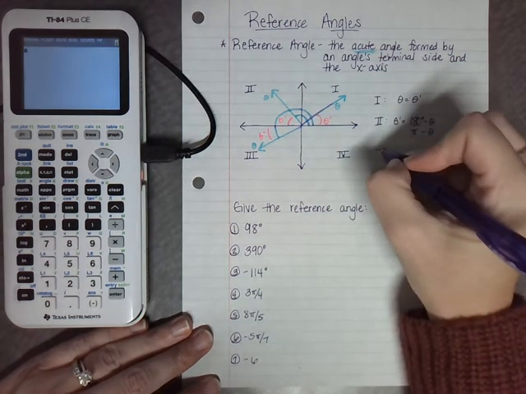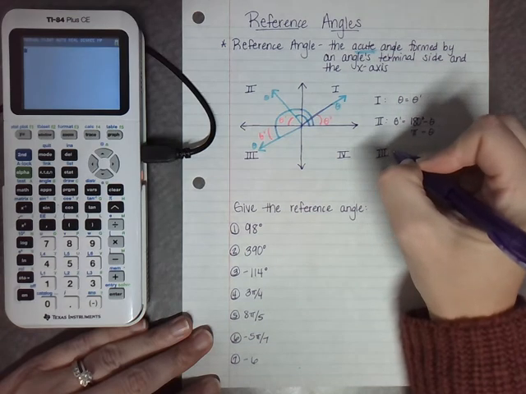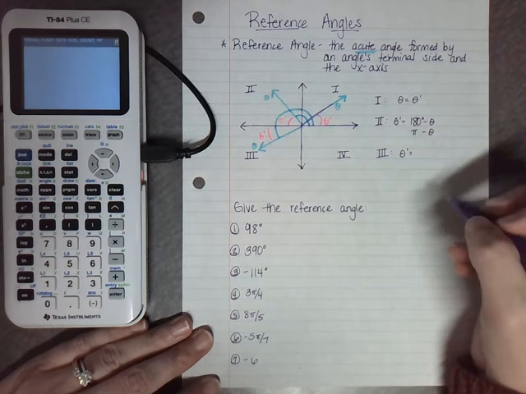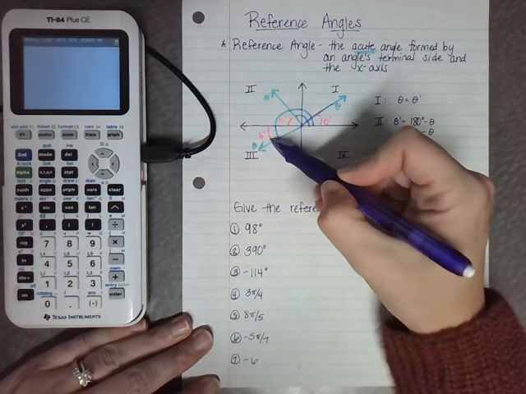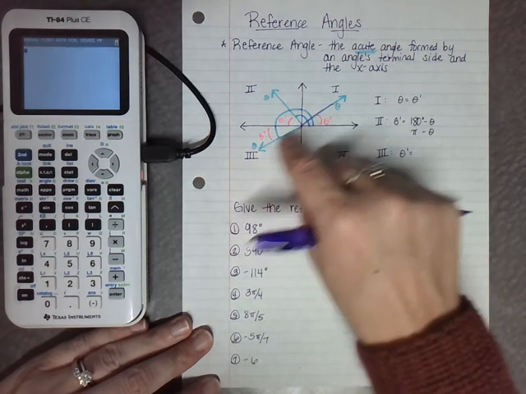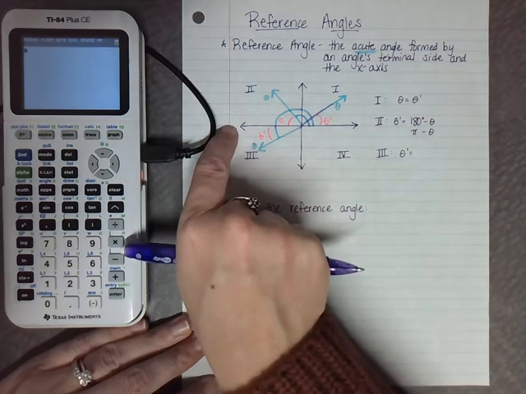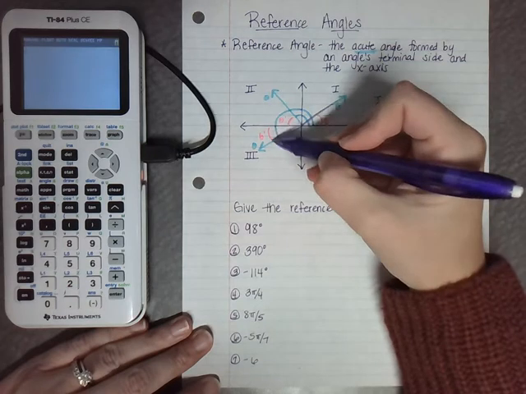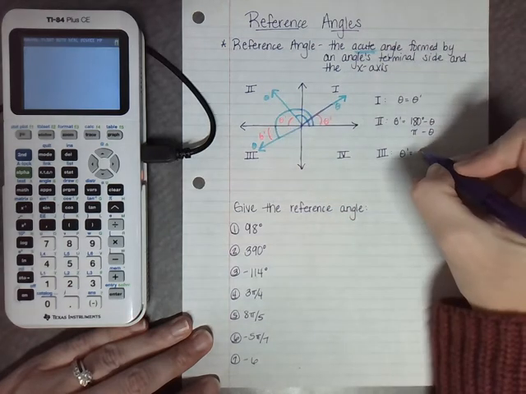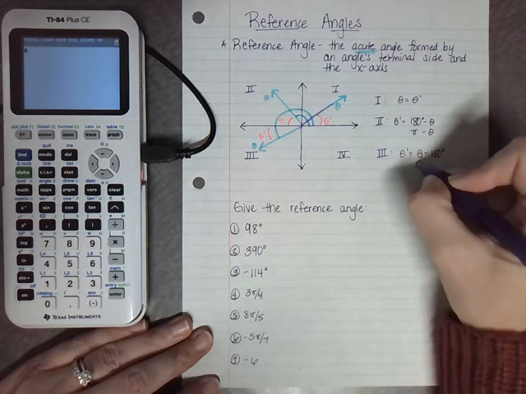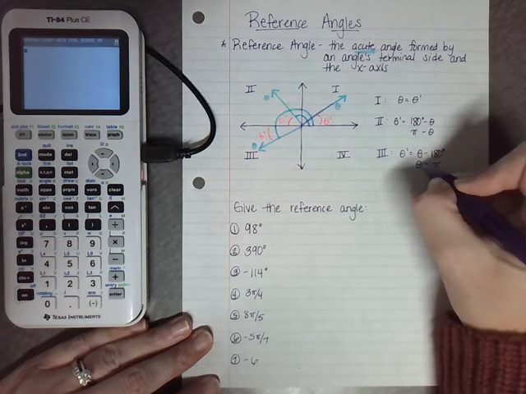All right, so if we're in quadrant 3 and we want to find theta prime, our reference angle, the easiest way to find that difference right there is to take the angle you're given, which is your theta, and subtract either 180 degrees or pi from it, and you'll get this little bit that's left over. So theta minus 180 degrees, or theta minus pi.